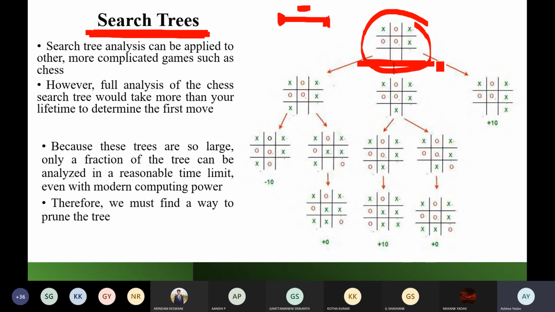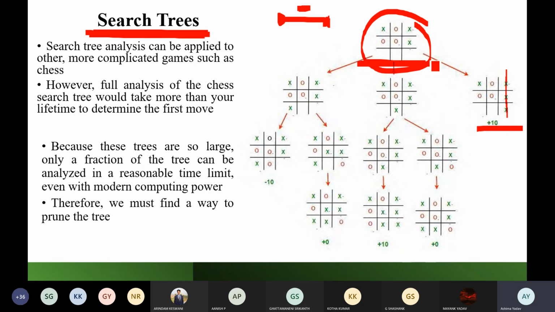condition here. Now let's suppose I am the one who will win when all the X's match. So in this case where all the X's match, here you can see I got plus 10 points and the opponent, who is in red, is making the 0.